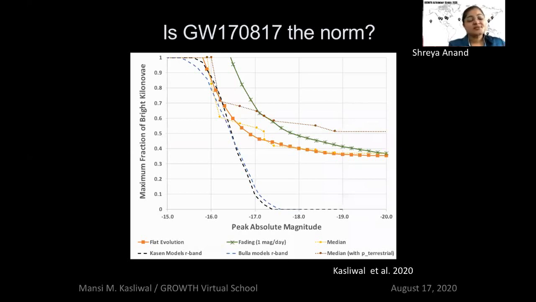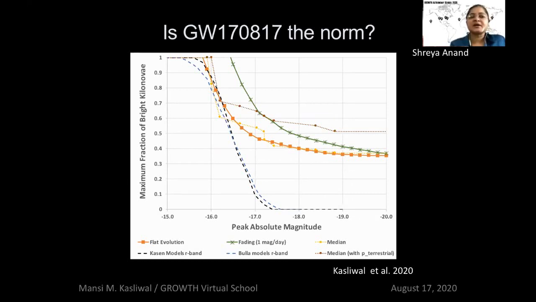Now, the question is, okay, GW170817 is fantastic, but if it is to explain all of the heavy elements that we see around us and take for granted here on Earth, then the big question is: is it the norm or is it an exception, right? What does the distribution of heavy elements synthesized by neutron star mergers look like? In the last year, even though we've tried following up every single trigger that had a neutron star in it, we didn't detect a kilonova.